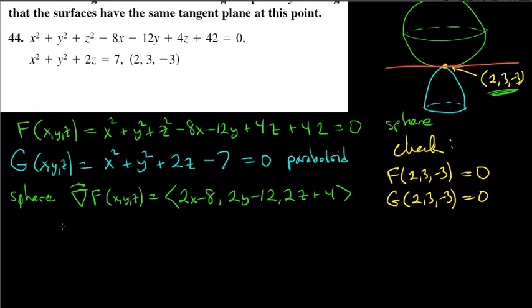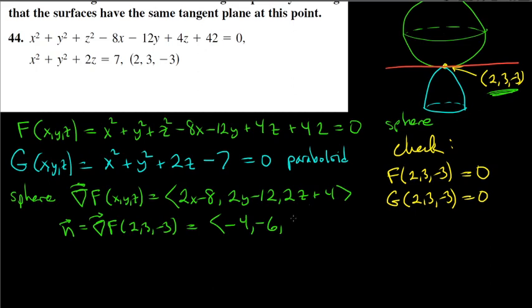Now, to get the actual normal vector at that point, we have to plug in (2, 3, -3). So that's going to be 4 minus 8, which is -4. 6 minus 12 is -6.